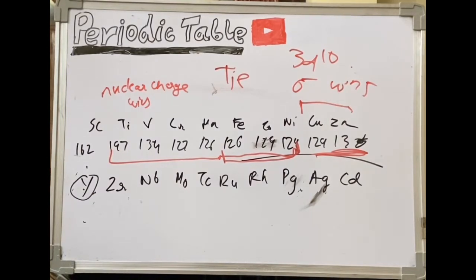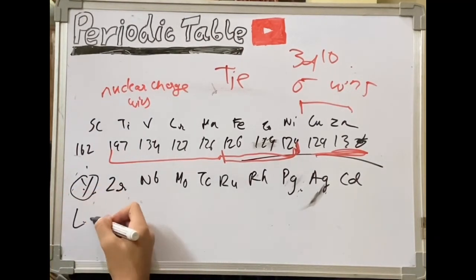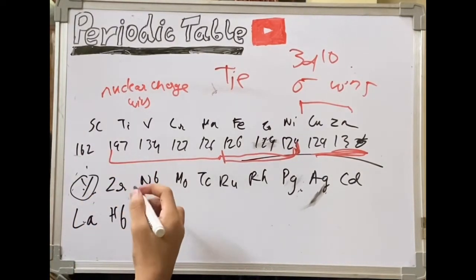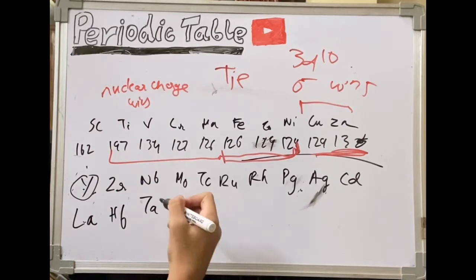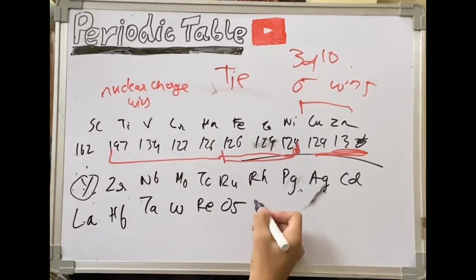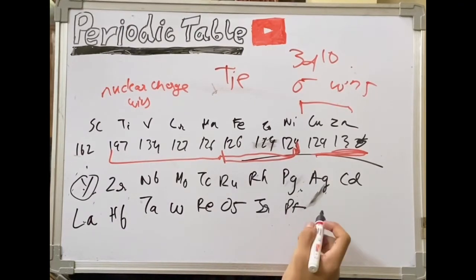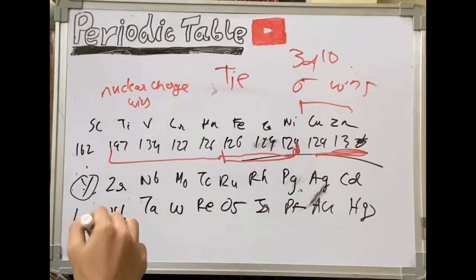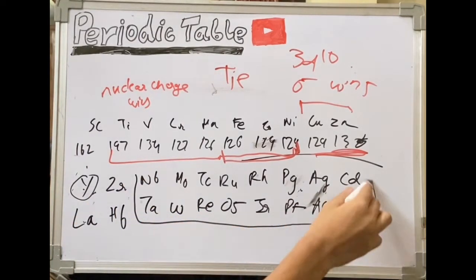But if you go down to period 6 in which lanthanide contraction occurs, Hf, here the atomic radius of these will be nearly equal.